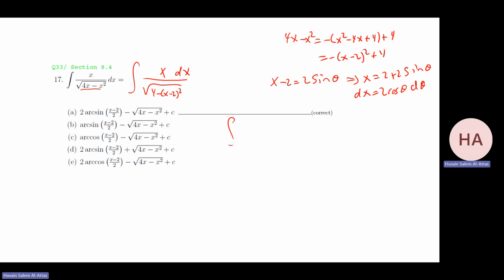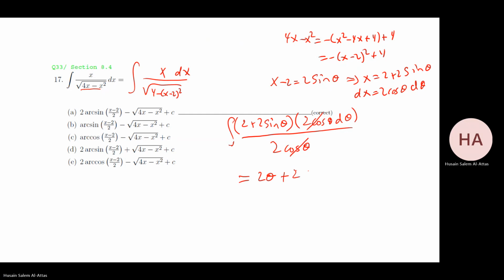I have x is 2 plus 2 sine theta, dx is 2 cosine theta d theta, and the denominator, x minus 2 is 2 sine, so I have 2 cosine theta. This is cancelled. And then I have 2 theta plus, or minus, 2 cosine theta plus c.